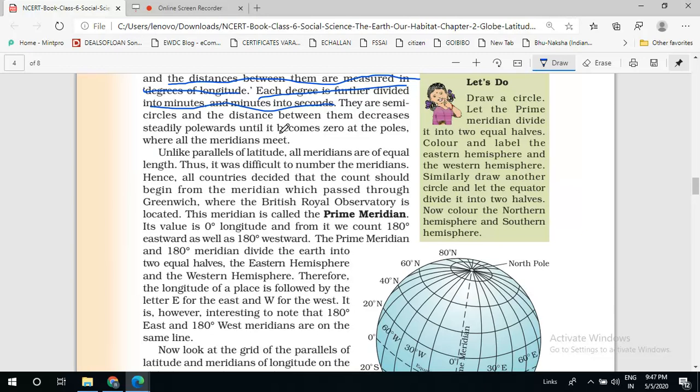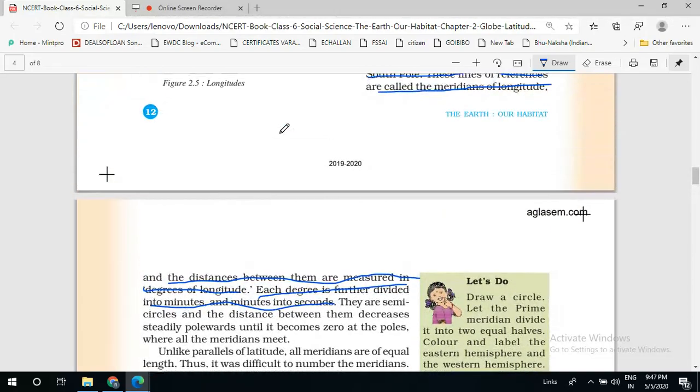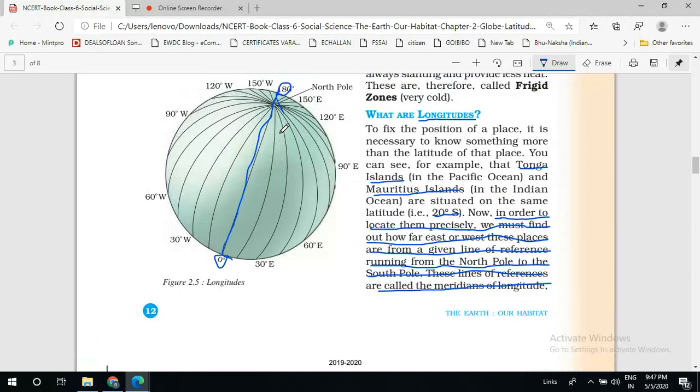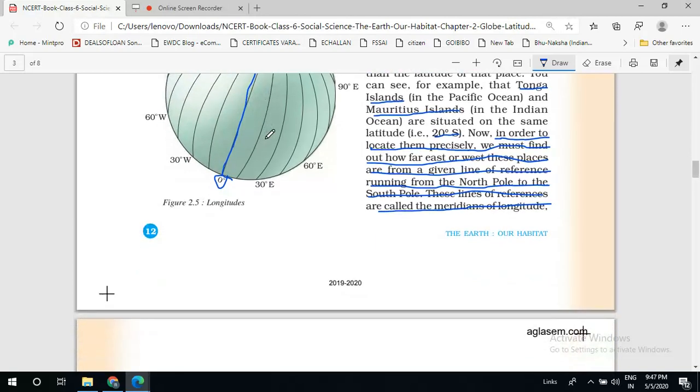Its value is 0 degree longitude, and from it we count 180 degree eastward as well as 180 degree westward. So this 0 degree longitude is considered as prime meridian, and it passes through the Greenwich.